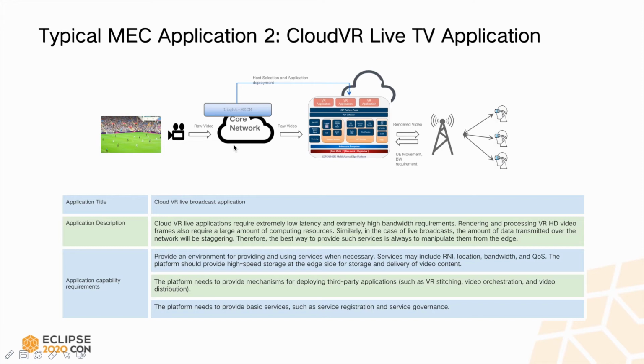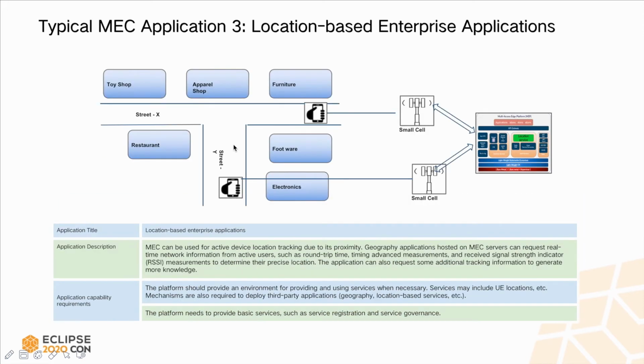The 5G MEC platform should provide high-speed storage at the edge side for video storage and delivery of video contents. Some application services such as VR stitching, video orchestration, and video distribution service are also required. Also similarly, the basic capabilities such as service registration and service governance are the baseline services of the 5G MEC platform.